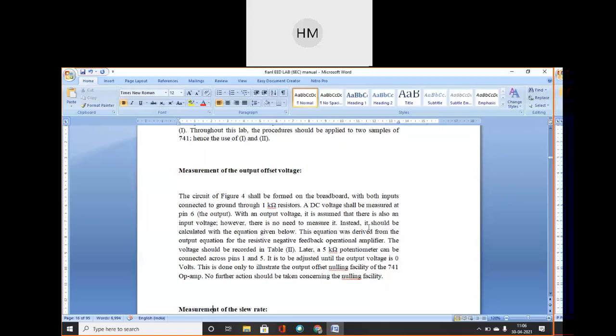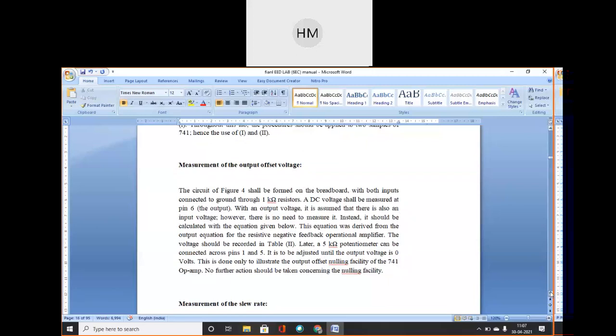In labs we are using only one IC, we are not cascading. But we should know that if there is an output offset voltage, we can nullify it. That figure is shown in the theory on the initial pages. So you can nullify the output offset voltage if it is generated so that you will get proper outputs. That's why all these parameters are to be detected.